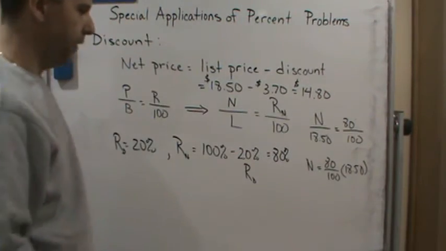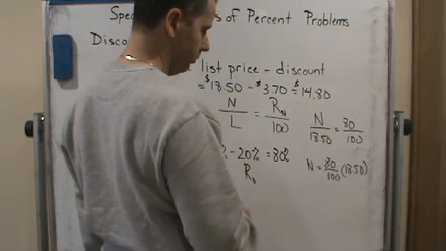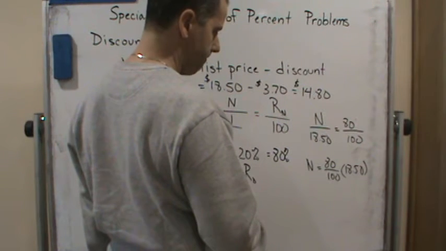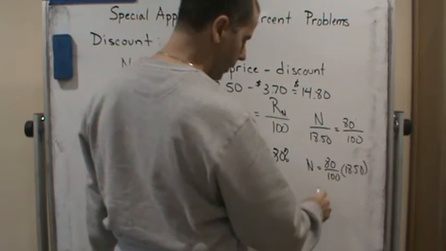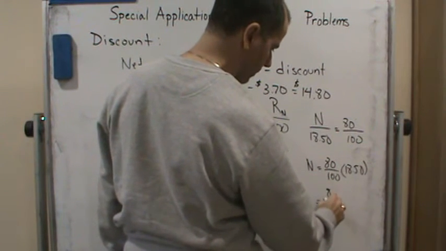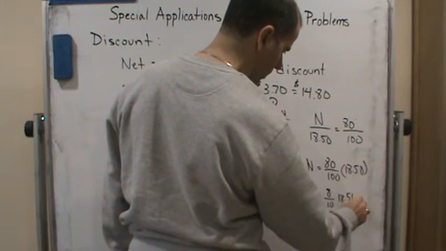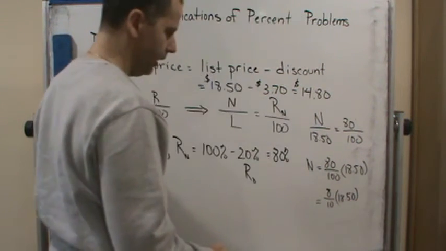Now, this gives us 8/10, right? So this is going to give us 8/10 times 1850.